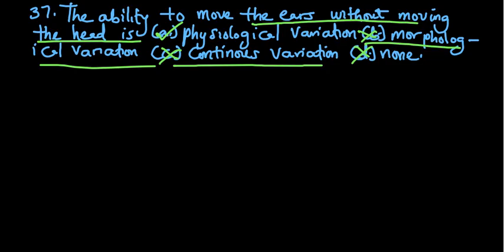Rolling of tongue, unless I show you that I can roll my tongue, you cannot say so. But if you look at the shape of the hair, if the hair is long like that of rabbits, you will quickly know. That is morphological or continuous variation. But something you cannot know unless the person shows you is called physiological variation or discontinuous variation. So let's move to the next question.